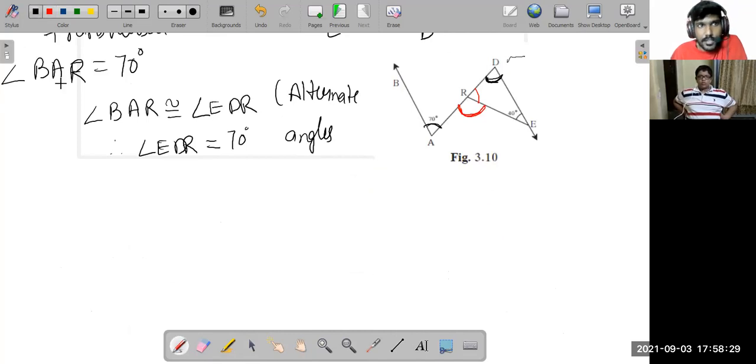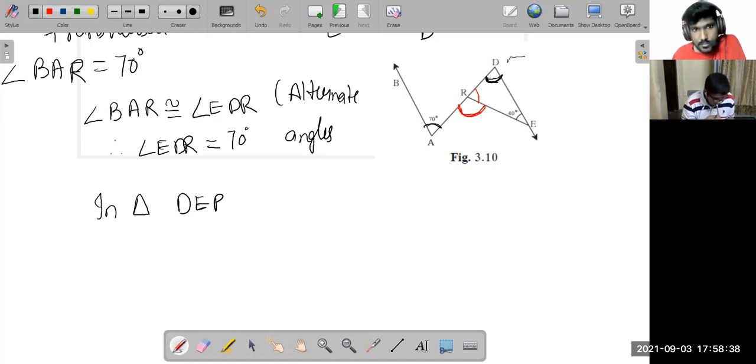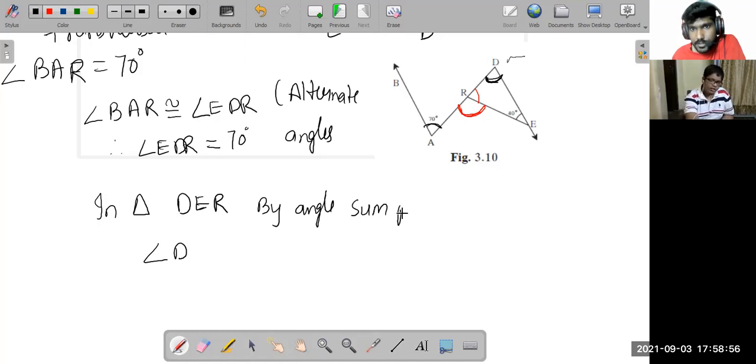Now you look in triangle DER. In triangle DER, by angle sum property, angle R.